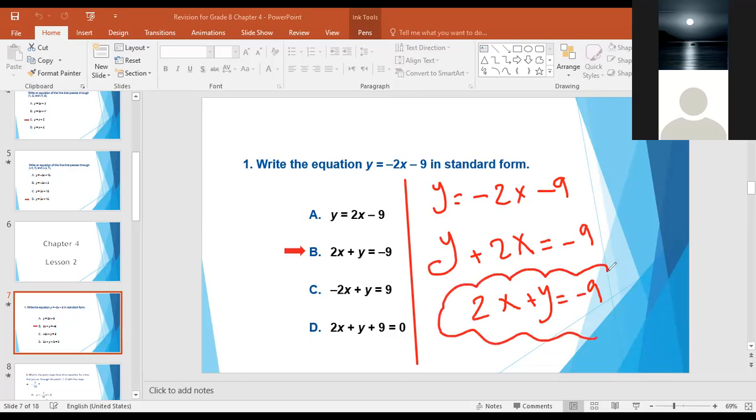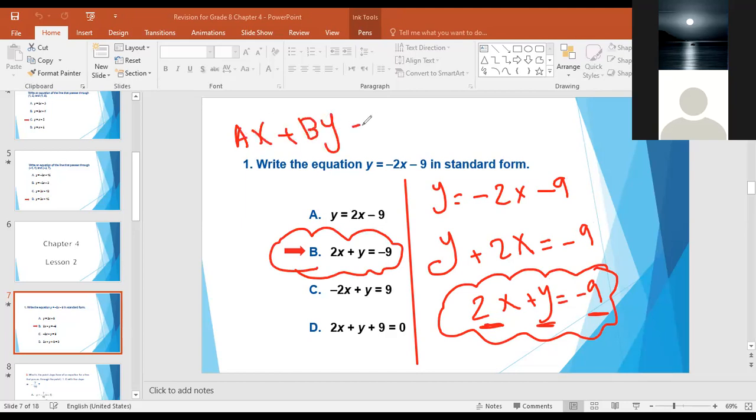Be sure it's x, then y, then that number, in that order: ax plus by equals c, and there is no common factor between a and b, and a is not a decimal or fraction. And a is greater than or equal to 0, so it cannot be a negative number, or a fraction or a decimal.